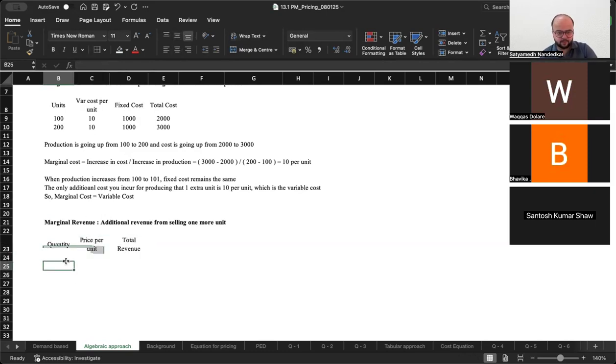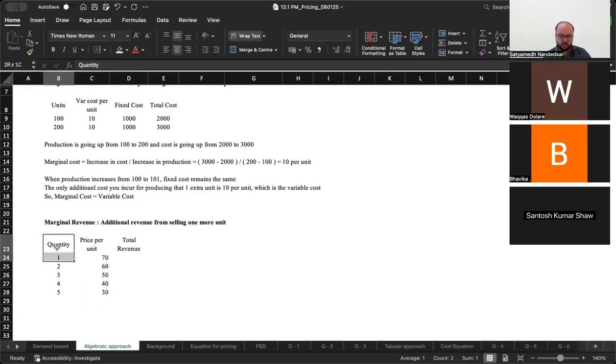So 1, 2, 3, 4 and 5. Now when your selling price is 70, you can sell 1 unit. When your selling price falls to 60, you can sell 2 units. When it falls to 50, you can sell 3, then 40, and then 30.